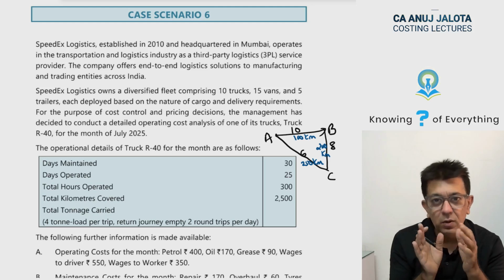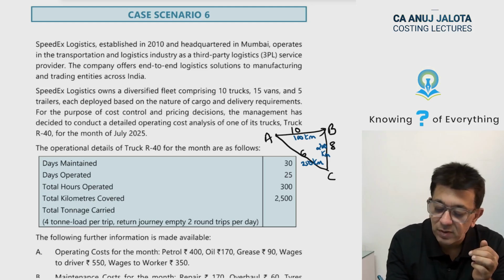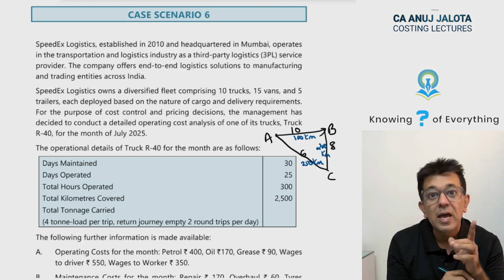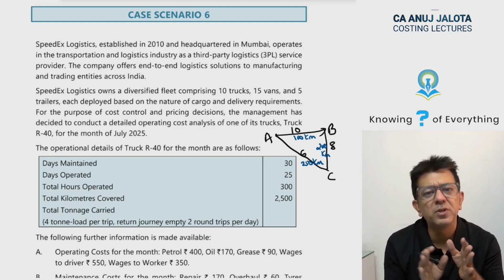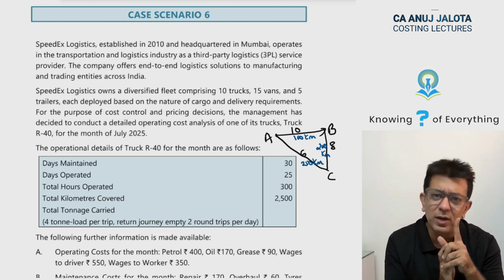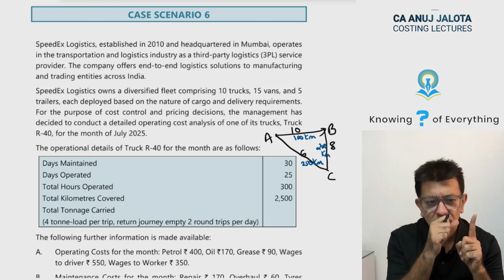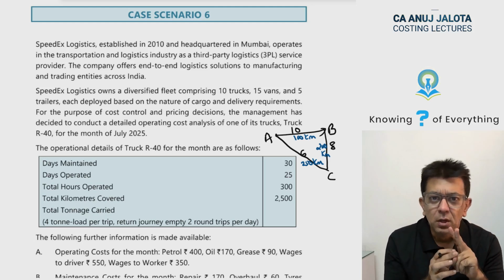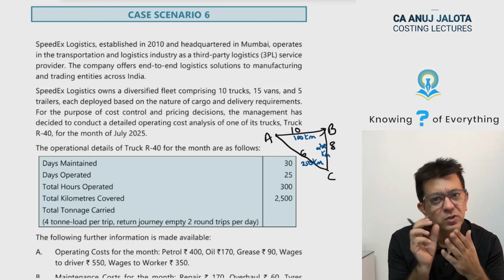Now, if there is a question like this and they ask you, get me absolute ton kilometers. Absolute means normal ton kilometers. What is 1 ton kilometer? Whenever 1 ton is carried for 1 kilometer, that absolute unit is going to be called 1 ton kilometer.